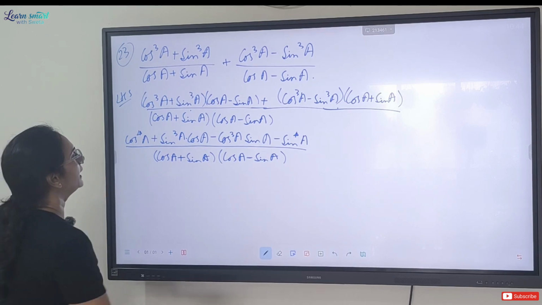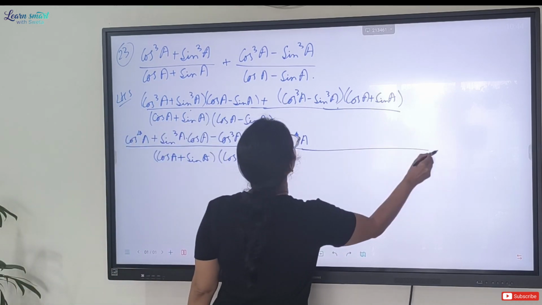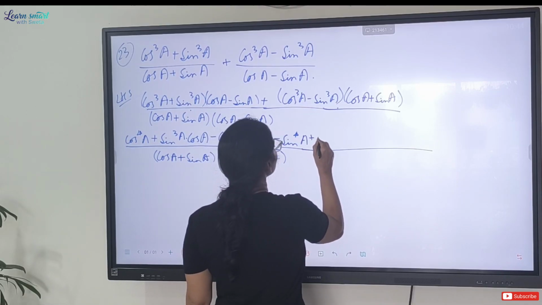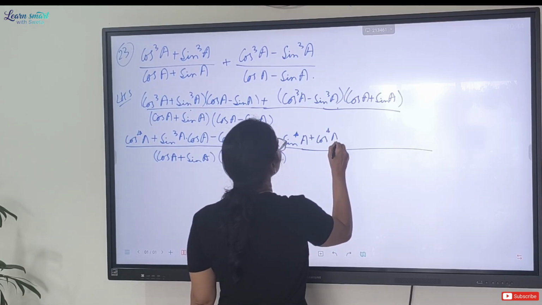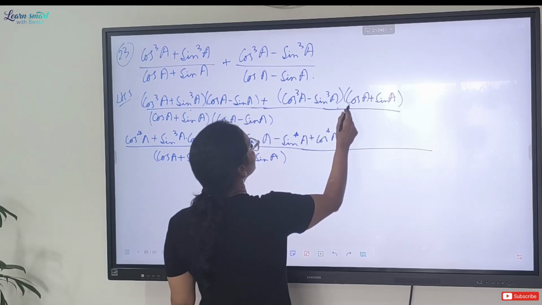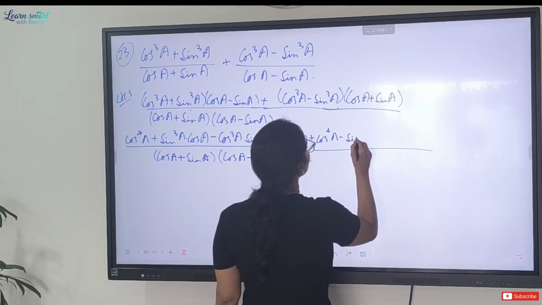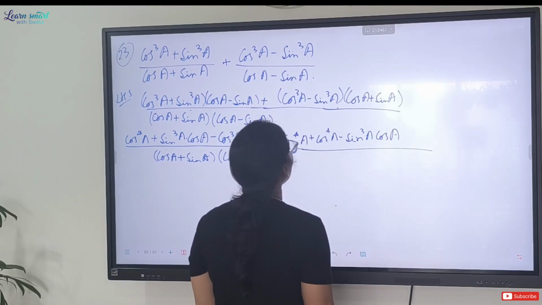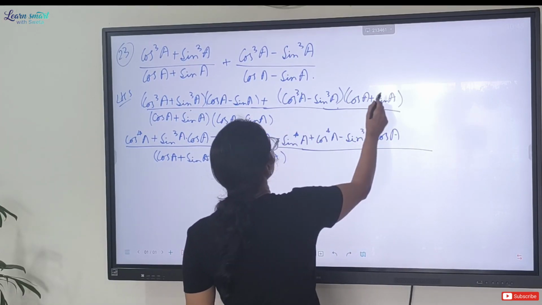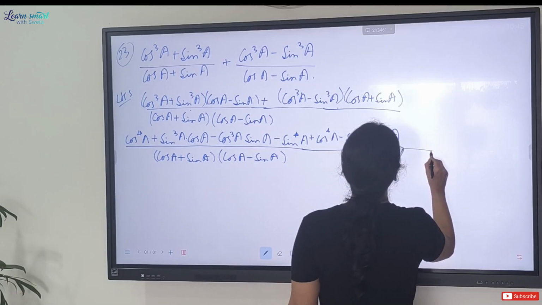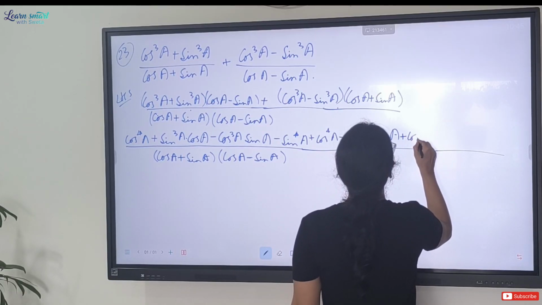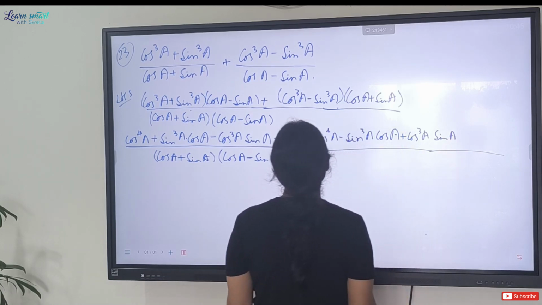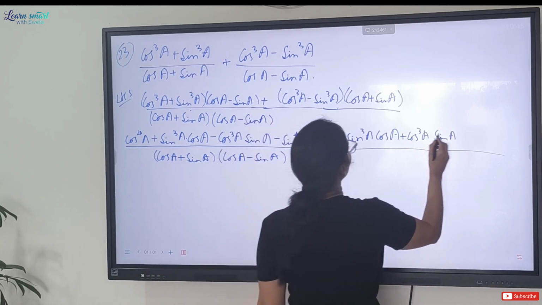And this part is also there. So this part also, in the same way, we will write cos raised to the power 4A, minus sin cube A cos A, and plus cos cube A sin A, and minus sin raised to the power 4A.